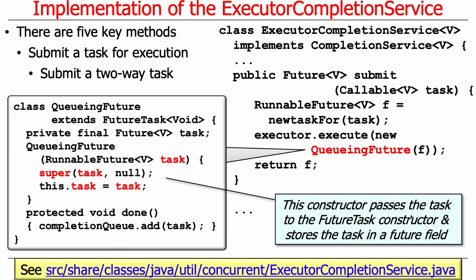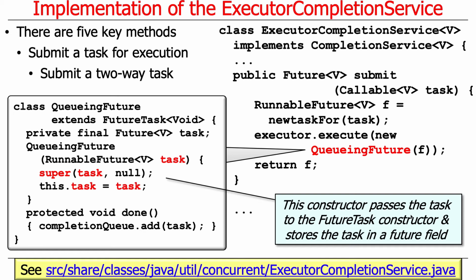So what we finally end up with here is a queuing future, and that queuing future will then be executed by the executor that's associated with the executor completion service. So let's see what queuing future does above and beyond what we get out of the box with good old future task.